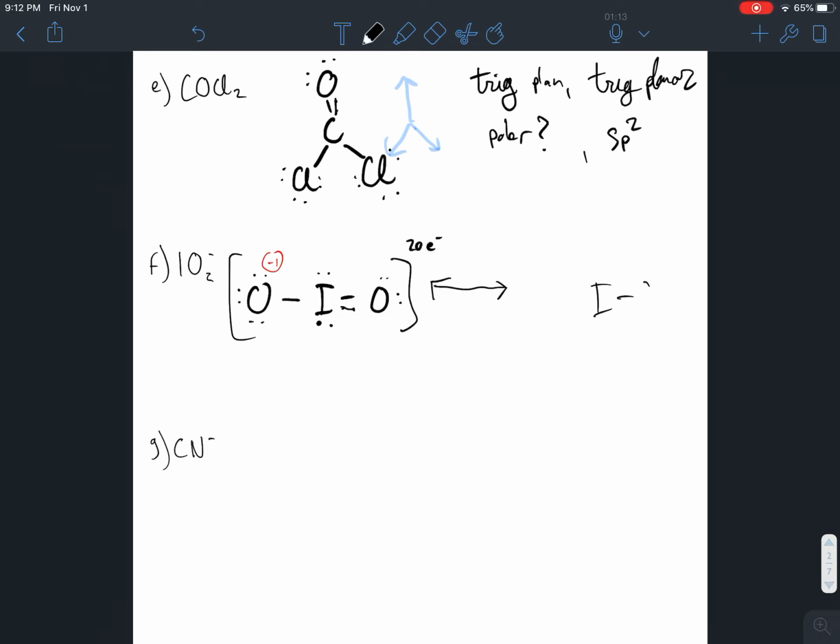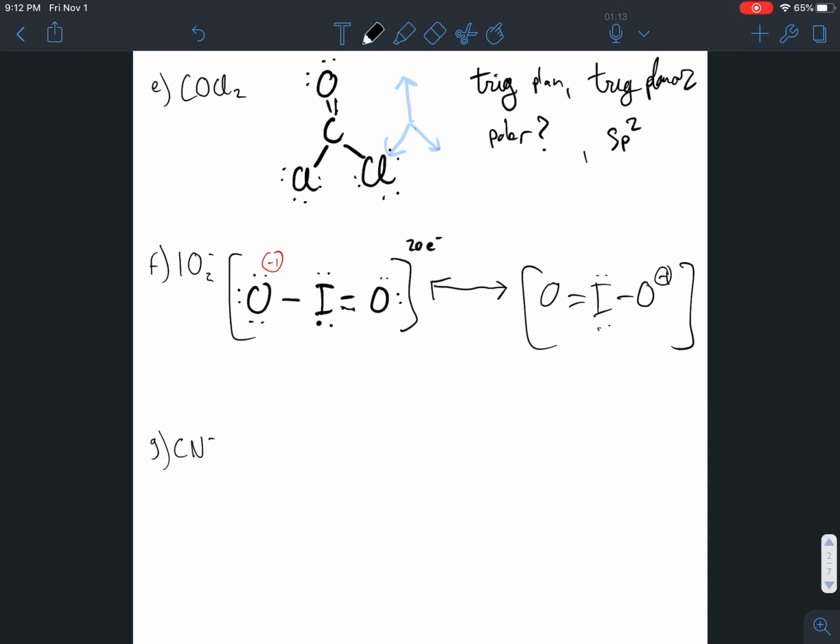So the structures on the left and the right are not different. You just need to draw both of them to imply that the double bond is on the left and the right, and the negative charge is on the left and the right at the same time. Because electrons are kind of cool like that.